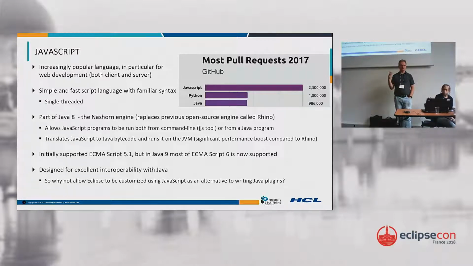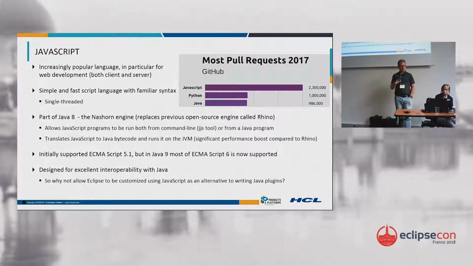So it shows that this is actually a very actively used language. And it has some really nice characteristics: it's simple and fast, it has a familiar syntax, and it's single-threaded, which also is often a good thing for our customers at least.